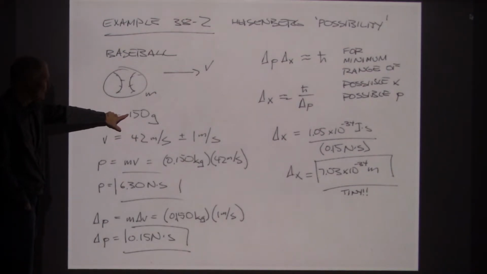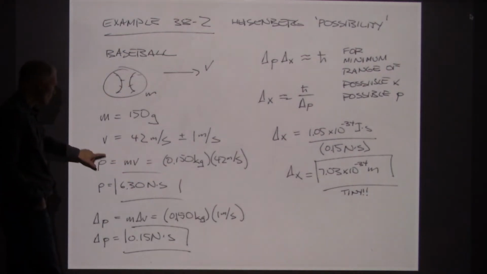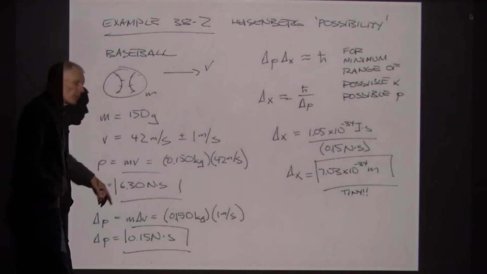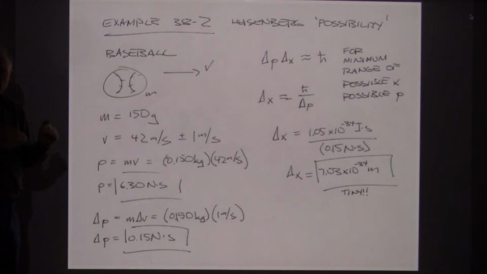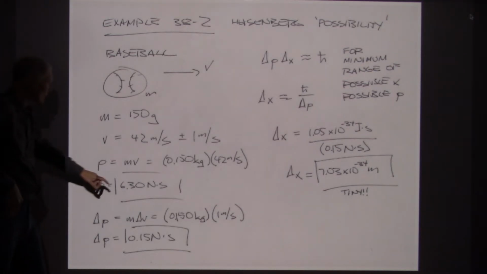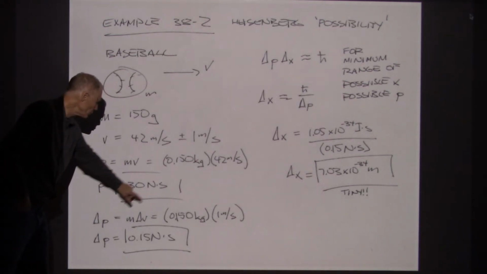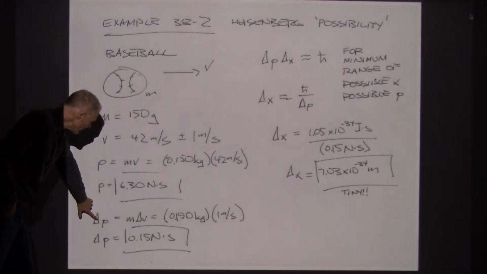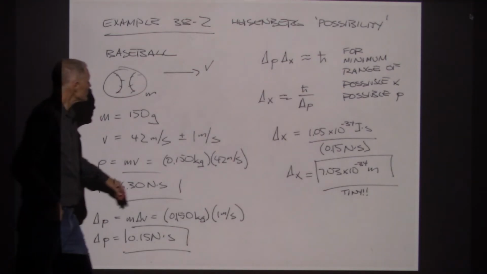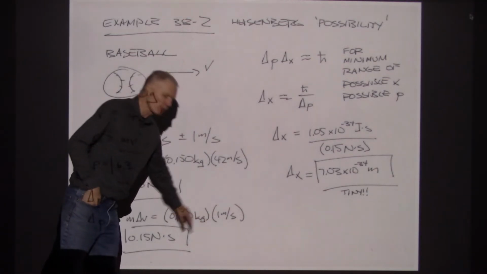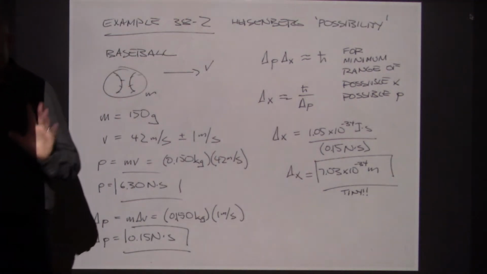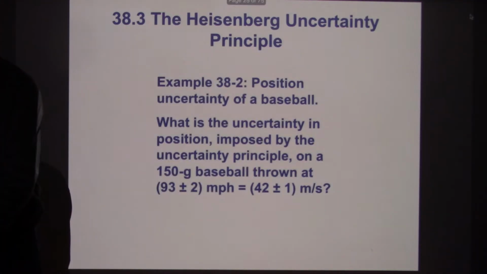I'm going to convert this into kilograms, and I find out the momentum of this baseball. The momentum itself, kind of the central value, is 6.30 newton seconds. But they're saying that there's an uncertainty in the velocity of plus or minus 1 meter per second.